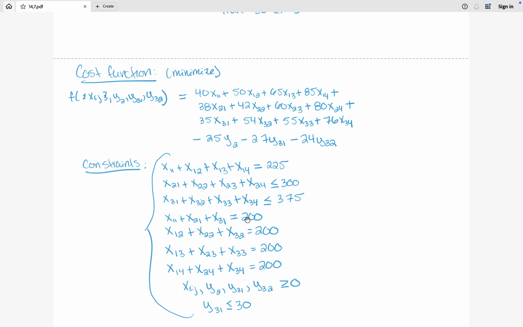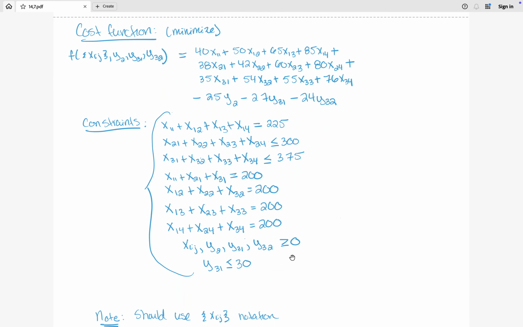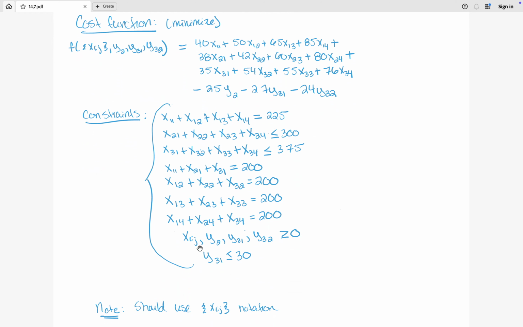And then it was a requirement that every single store, whether it came from distribution center 1, 2, or 3, had to total 200 units that were shipped to each store. So we were shipping a total of 800 units out to be divided among those 4 stores. And then we have to have the constraints, of course, that what we're shipping has to be a positive value. So everything needs to be greater than or equal to 0.